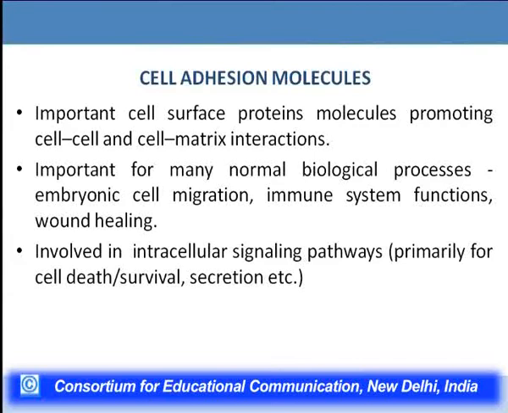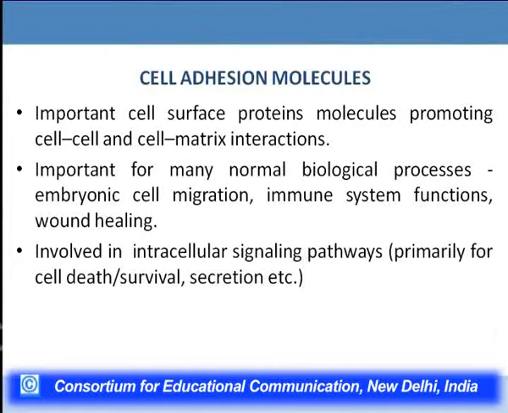There are protein molecules which project from the cell and bind to the proteins present in the extracellular matrix, and these are known as integrin molecules. Apart from interacting with the extracellular matrix, integrins also can make contact with other proteins projecting out from other cells. So they are responsible for both cell to matrix interaction as well as cell to cell interaction.